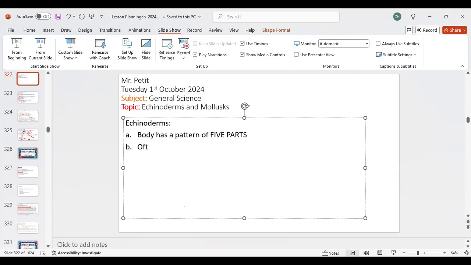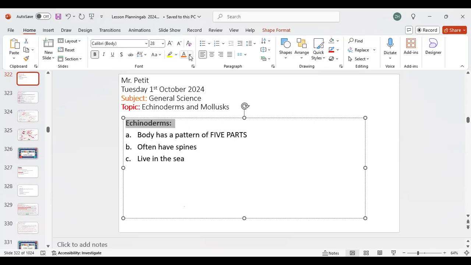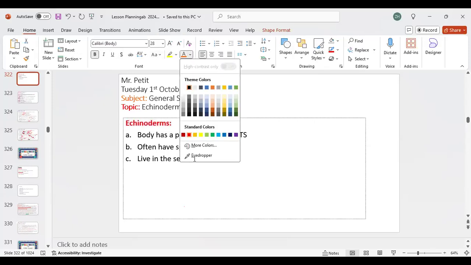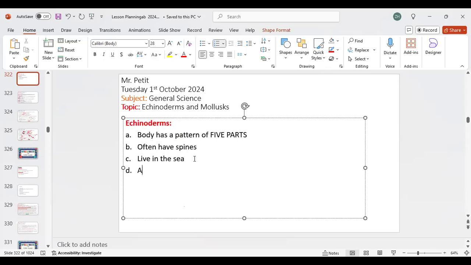They often have spines and they live in the ocean, in the sea. And obviously they are invertebrates. What does it mean to be an invertebrate? Without a backbone. No backbone, right?